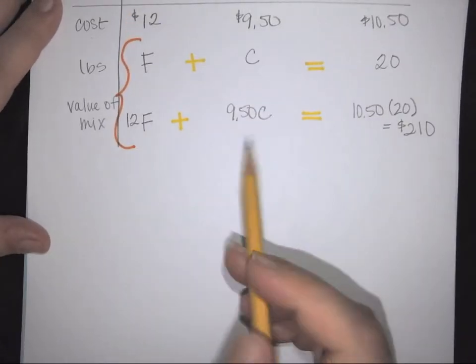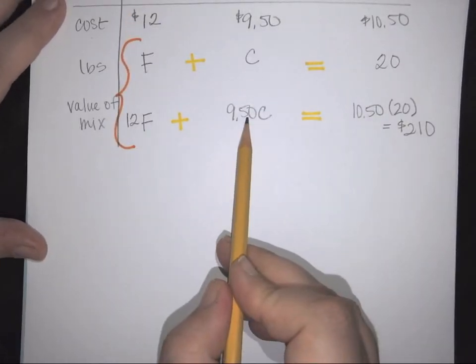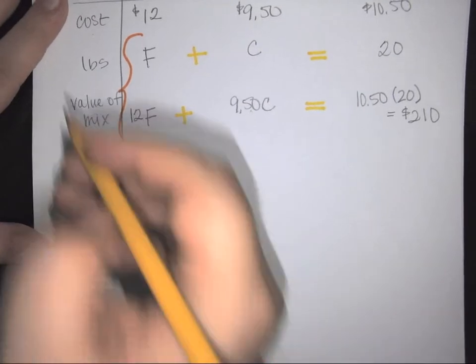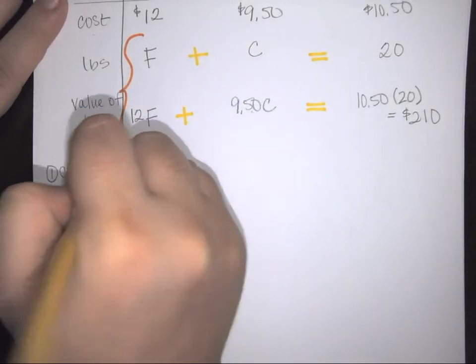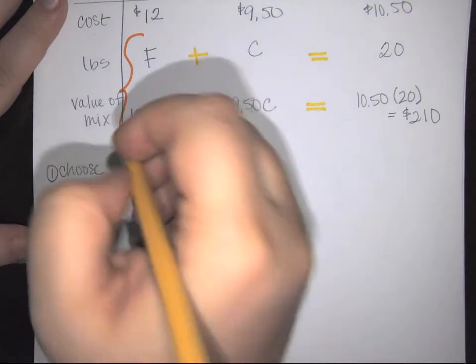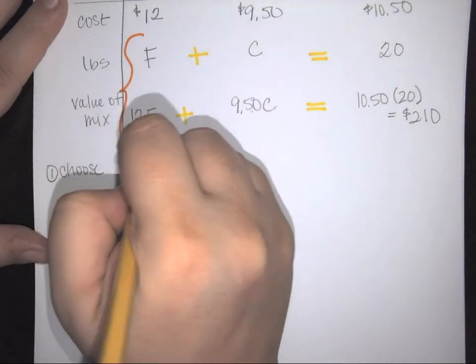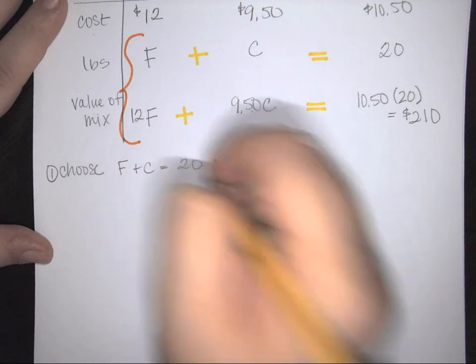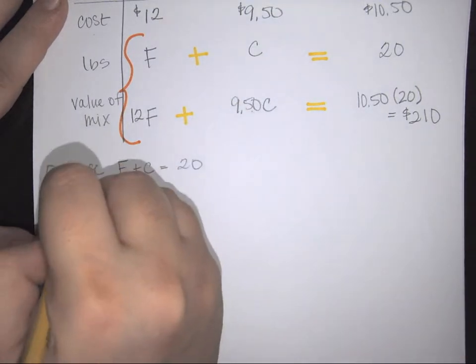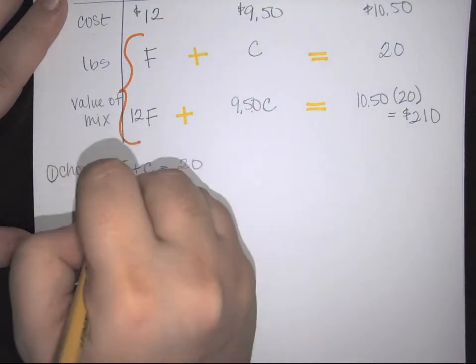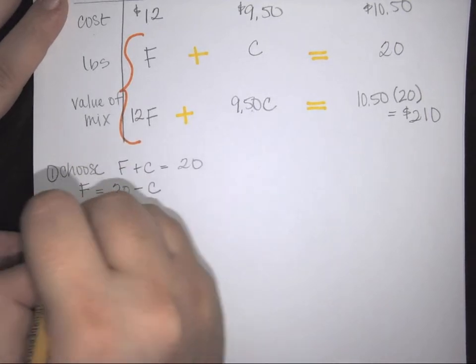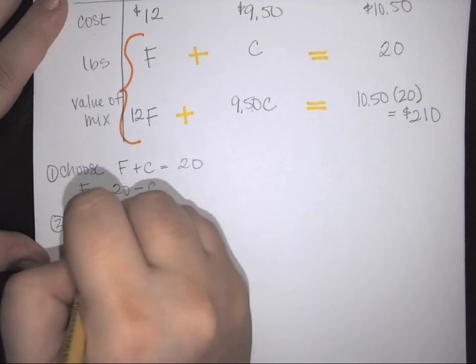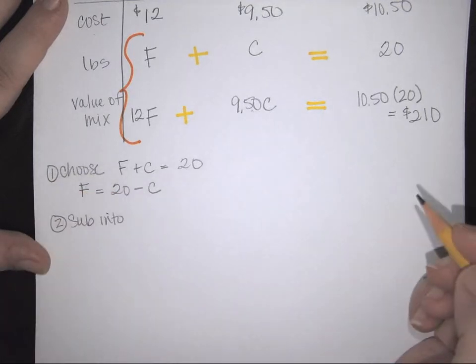And again, because I have a decimal here, I would use the substitution method. So the first thing we have to do is choose the equation we want to reduce. I'm going to use F plus C equals 20, and then let's go ahead and make F equal to 20 minus C. I then have to substitute it into the equation we didn't use.